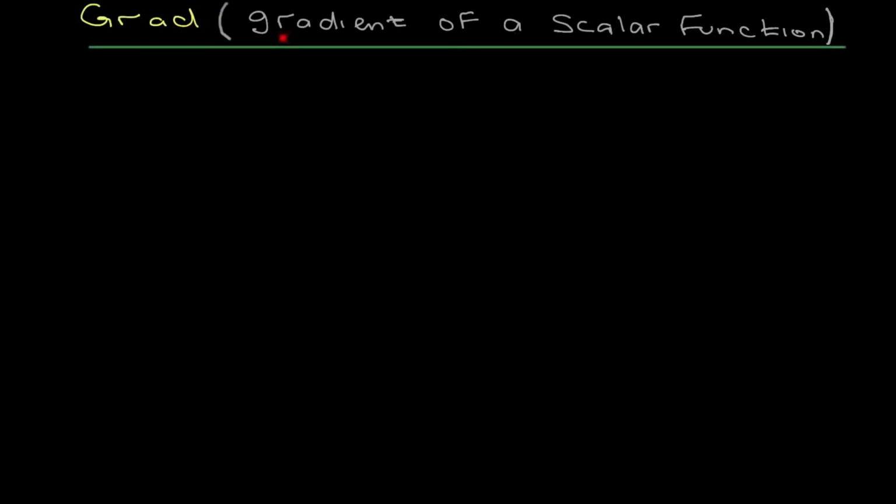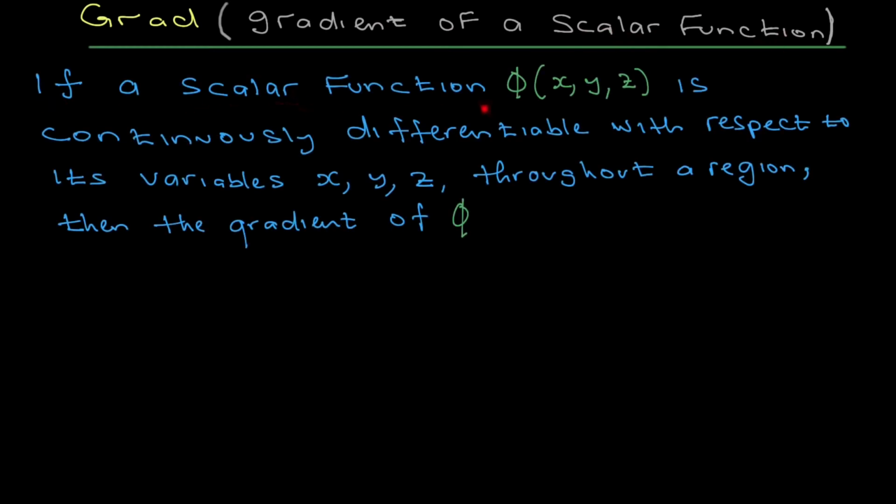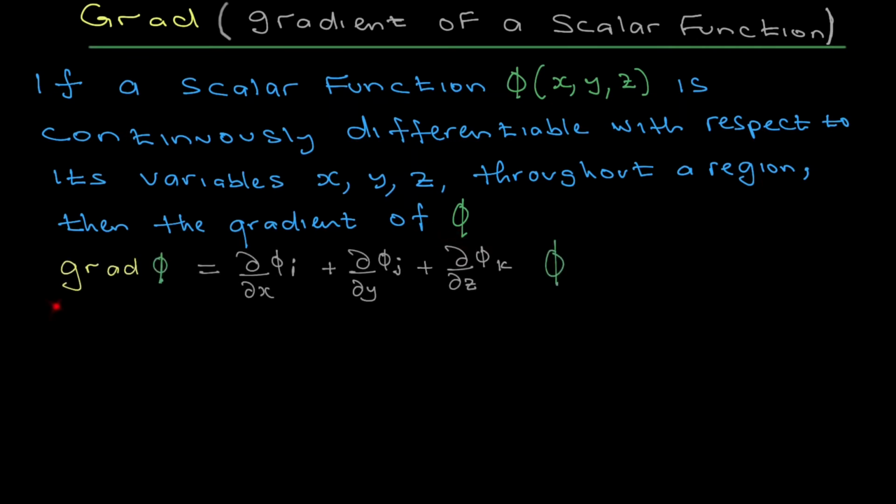Grad. Grad stands for gradient of a scalar function. So if a scalar function phi is continuously differentiable with respect to its variables x, y, and z throughout a region, then the gradient of phi, grad phi, is equal to the partial derivative of phi with respect to x in the i direction plus the partial derivative of phi with respect to y in the j direction plus the partial derivative of phi with respect to z in the k direction.